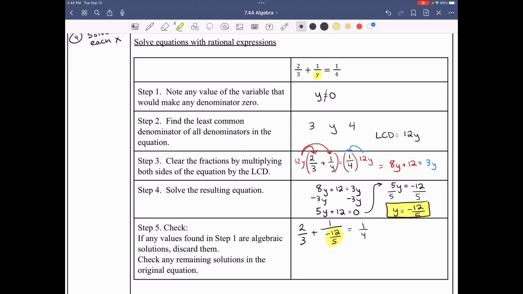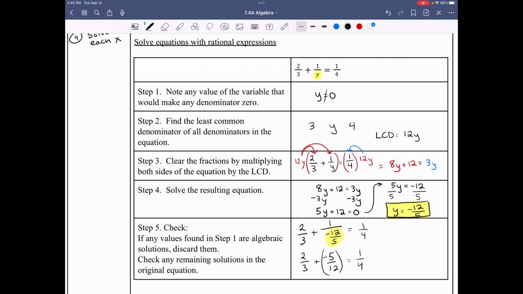All right, because it's 1 over, that means the inverse of it. So I'm just going to rewrite this as the reciprocal, and it's still negative. Does this equal 1/4? Well, I need a common denominator.